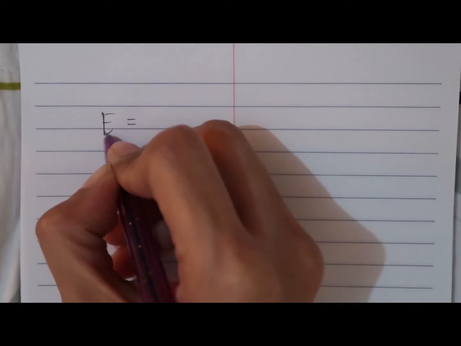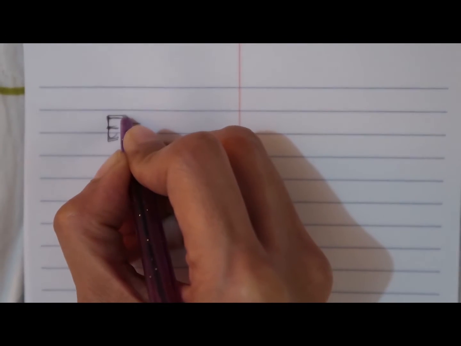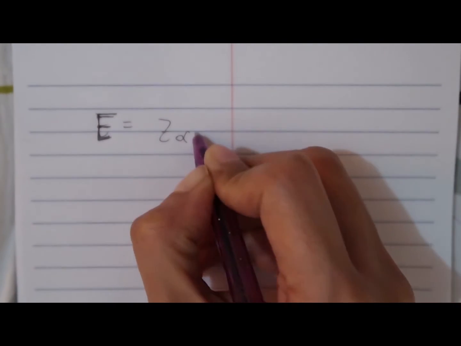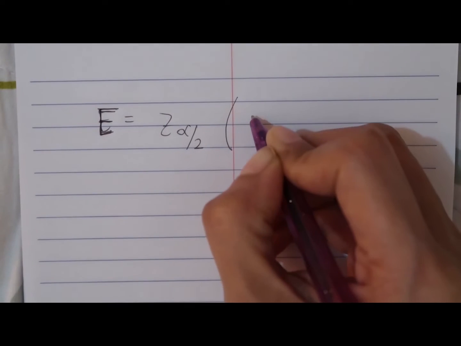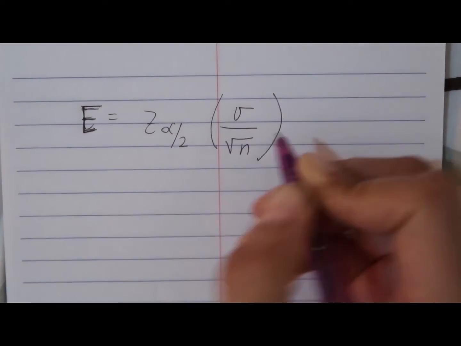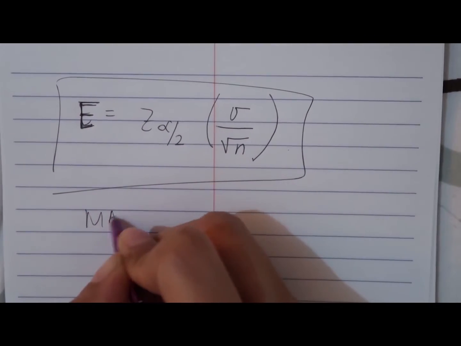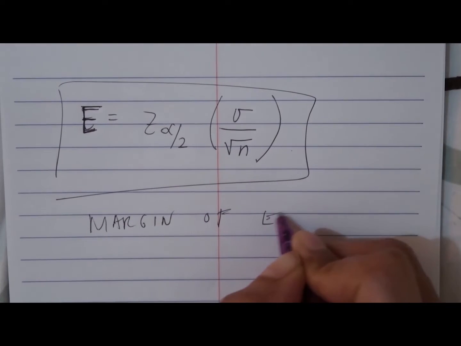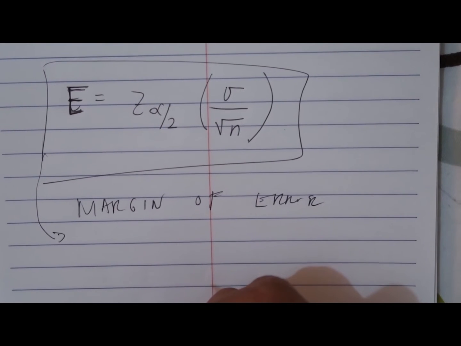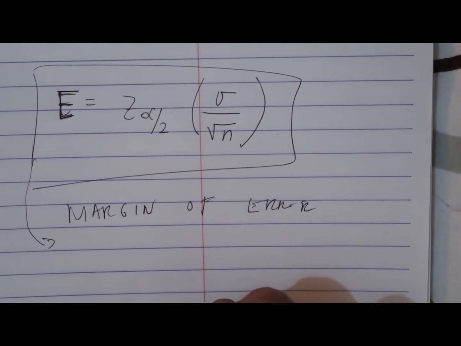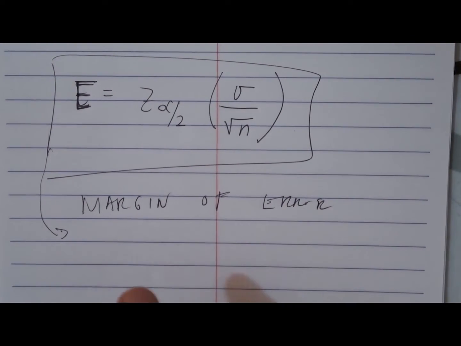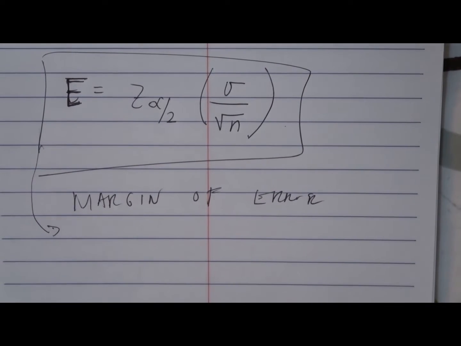The margin of error, denoted by E, is solved as Z alpha over 2 multiplied by the population standard deviation over the square root of n. So the margin of error is the difference between the point estimate and the actual value.